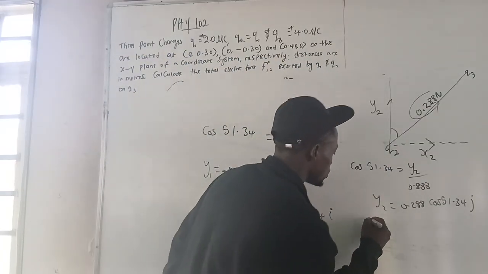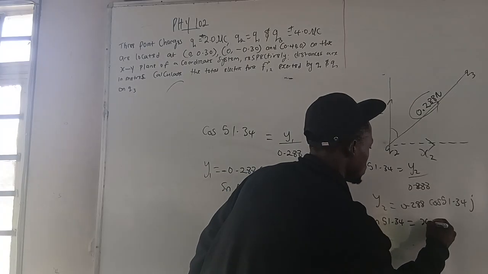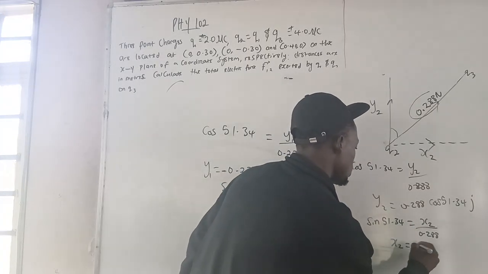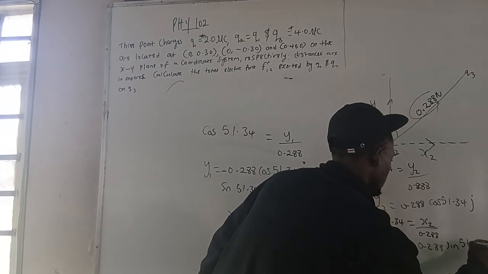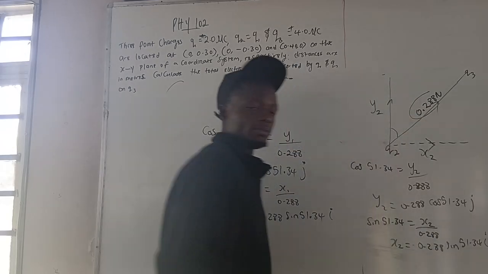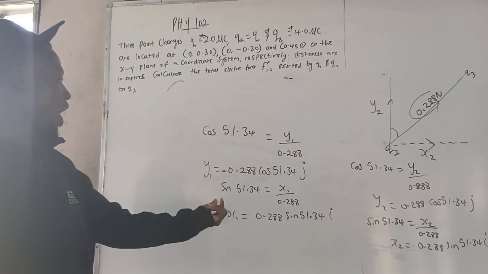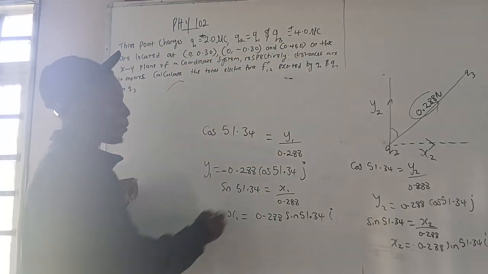X2, if you want to find x2, we will get sine 51.34 equals to x2 divided by 0.288. So x2 will give us 0.288 sine 51.34 i. See y1. Y1 is negative because it's facing down. Y1 and y2, they are the same value but opposite sign.